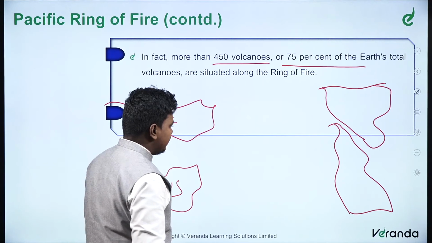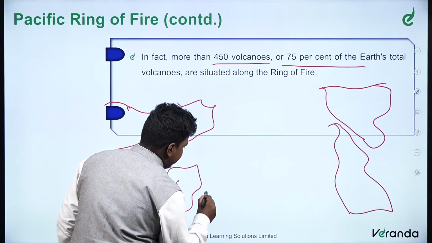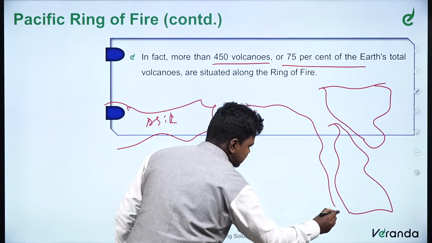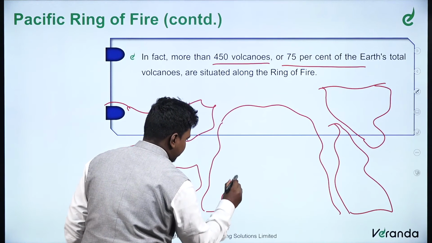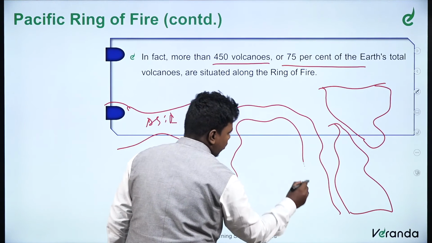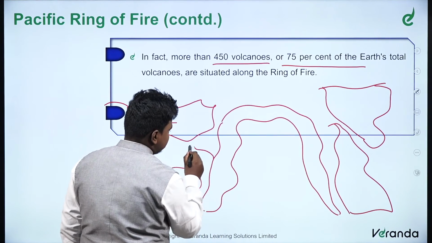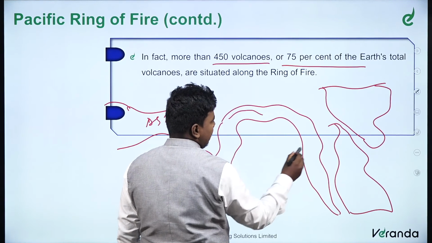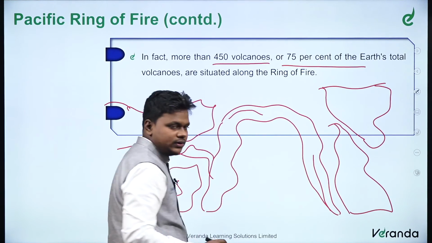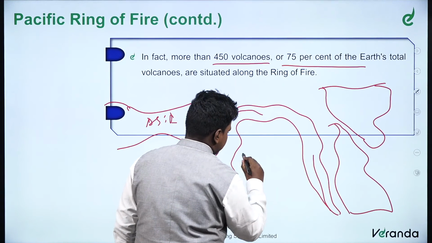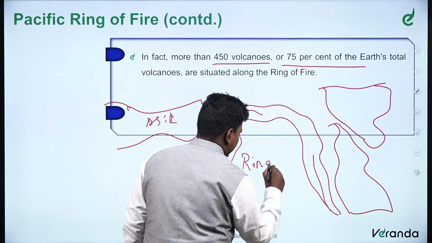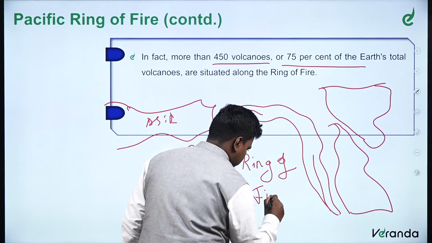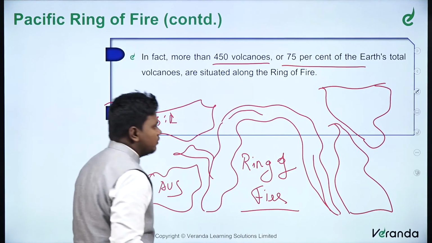So the Ring of Fire is situated like a belt, extending all over the Pacific. All this Indonesian region and the Japanese region, and this whole region is covered in this part, so that is why it is called a Ring of Fire.